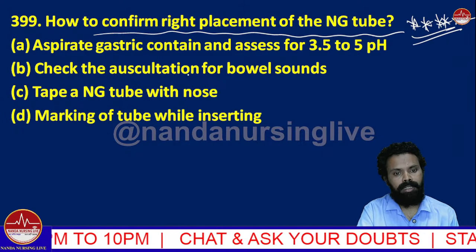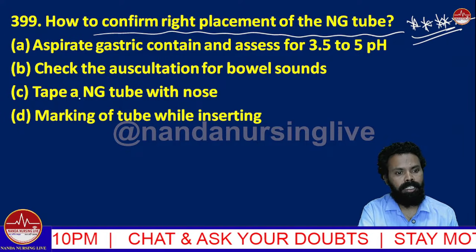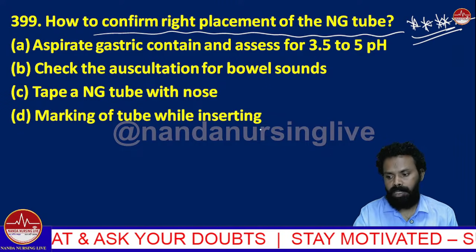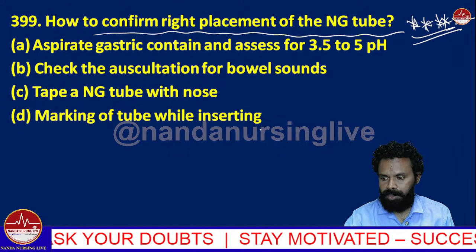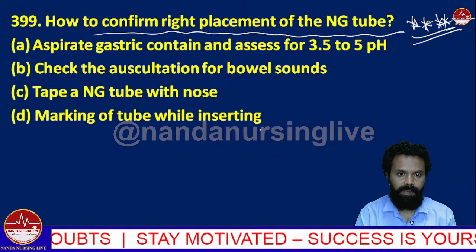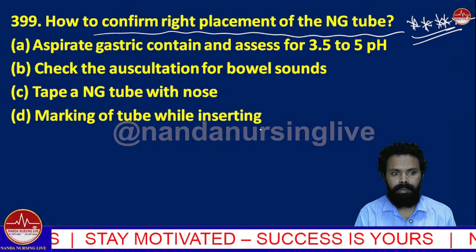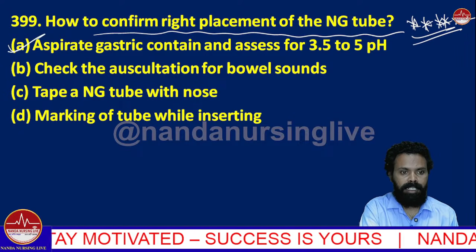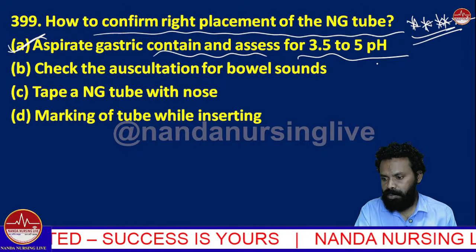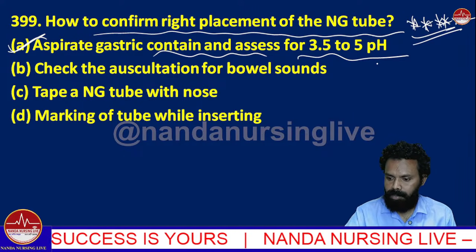Option B, check auscultation for bowel sounds. Option C, tape the NG tube to the nose. Option D, marking of the tube while inserting. So which option is the correct answer? Option A is the correct answer, beta, aspirate gastric content and assess for 3.5 to 5 pH, right?